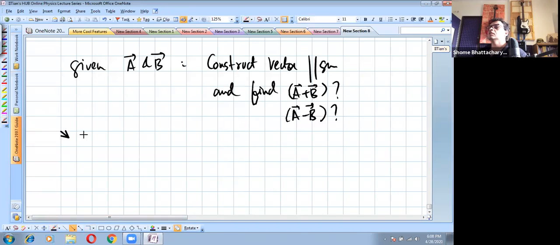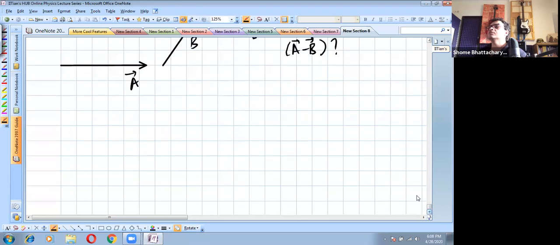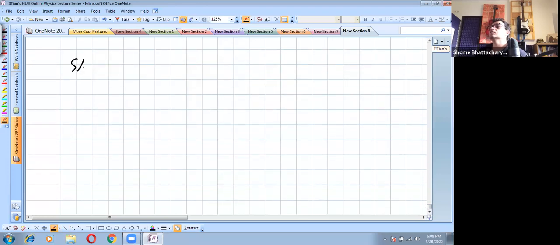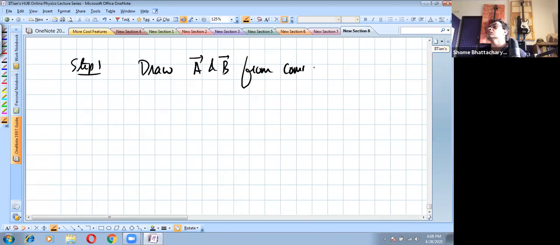Okay. So somebody has given me this vector A. Somebody has given me this vector B. Now I want to construct the so-called vector parallelogram so that from that I can get both the things in the same diagram. So the first step that I do, step one, draw vectors A and B from a common origin.